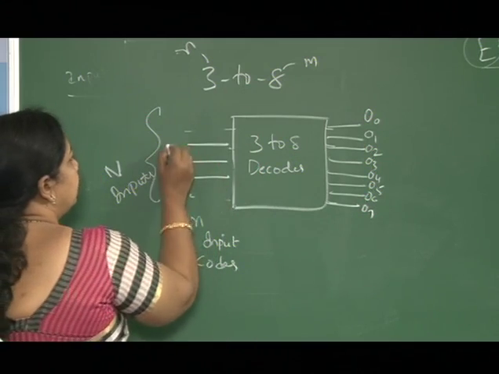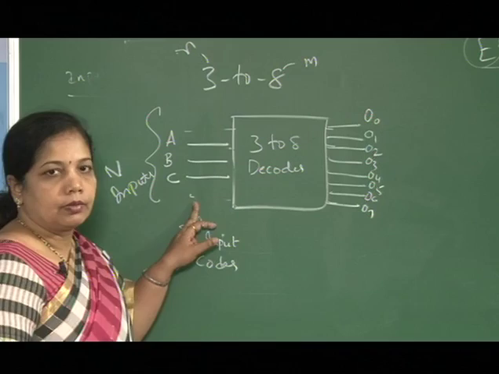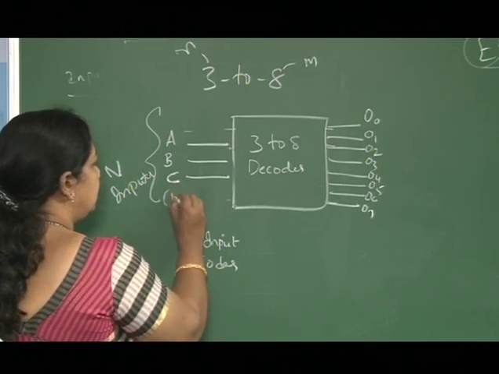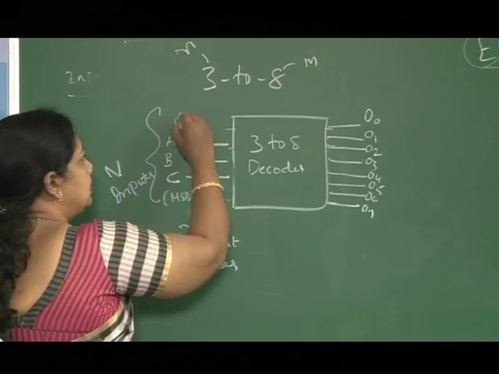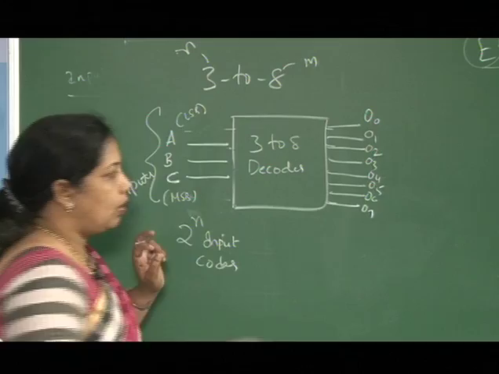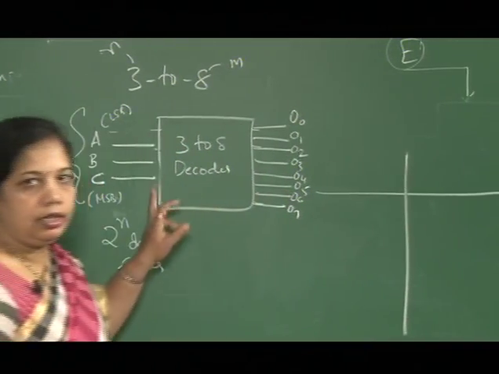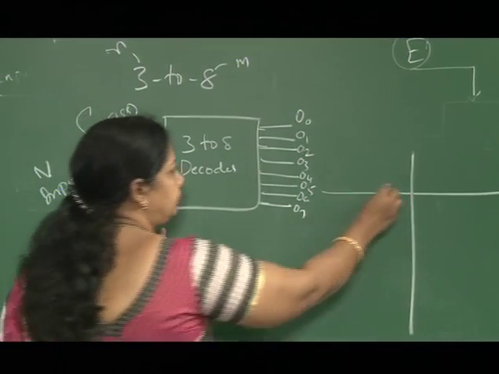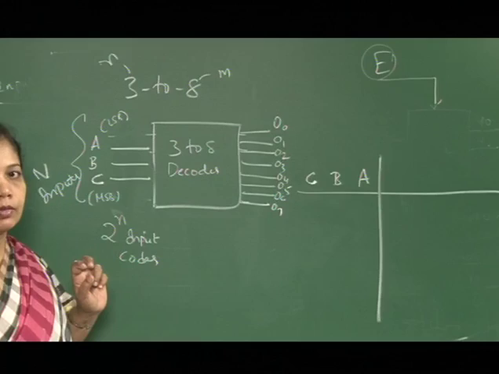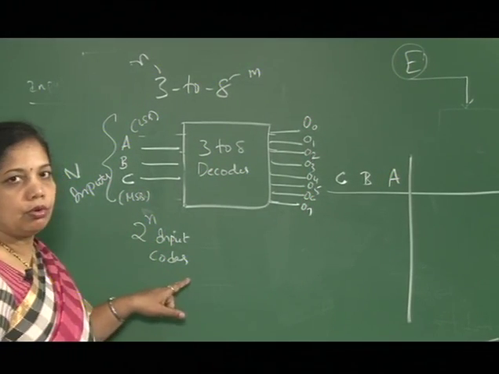We have inputs A, B and C. So C represents the MSB and A represents the LSB. So how do I write the truth table for this? I write the 3 inputs. We have 2 to the power of n input codes here.